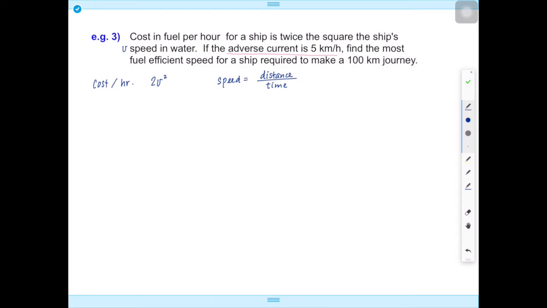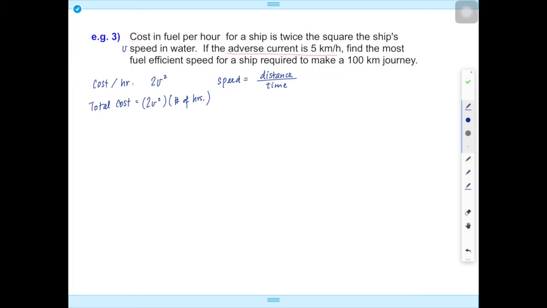So it seems like the total cost is related to 2v, the actual cost per hour, multiplied by how many hours the journey takes, right?